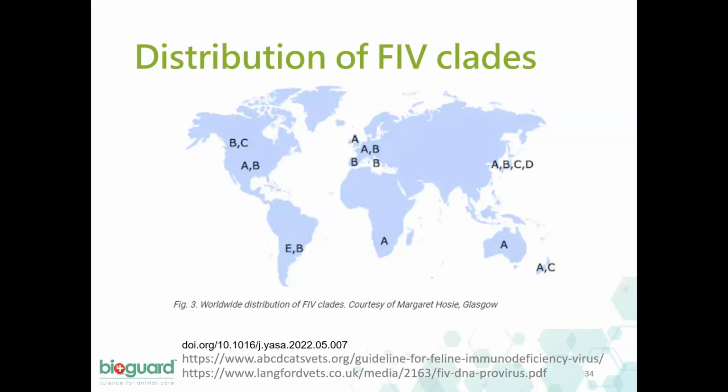Also A, B, C, and D are present in Japan. Subtype D, they only found the case in Japan, for the subtype or clade D. In New Zealand, 3 subclades are present: A, C, and the U and Z envelope. And Vietnam also has clade D.